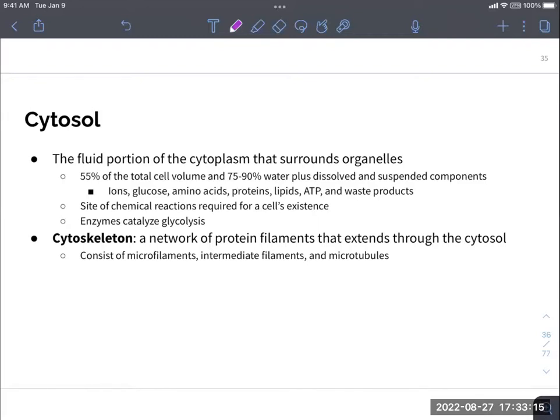About 55% of the cell's total volume is cytosol, and about 75 to 90% of it is water. Within that water, we find ions, glucose, amino acids, proteins, lipids, ATP, and waste products.